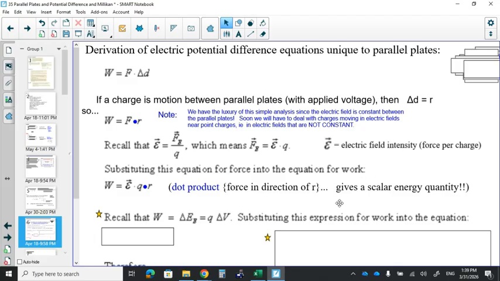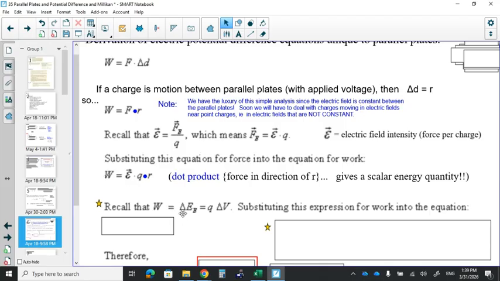And recall that, of course, work done is change in energy, and energy equals QV, right? So delta V, remember, change in electric potential difference, is energy per charge, right? The charge would multiply up on the other side, giving you this.